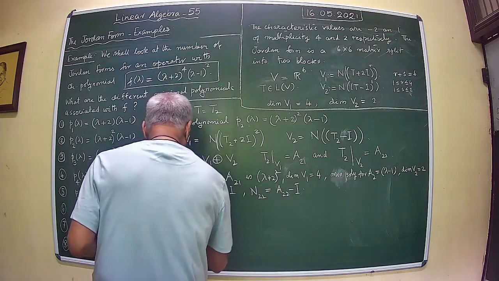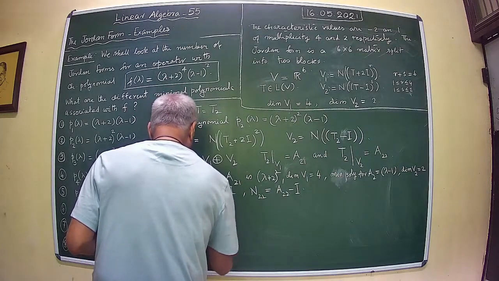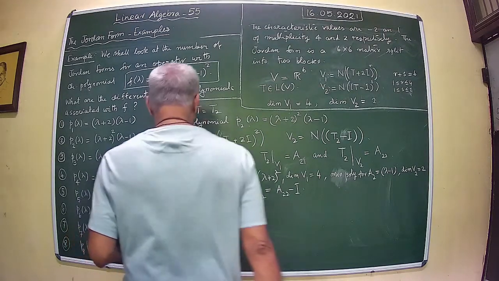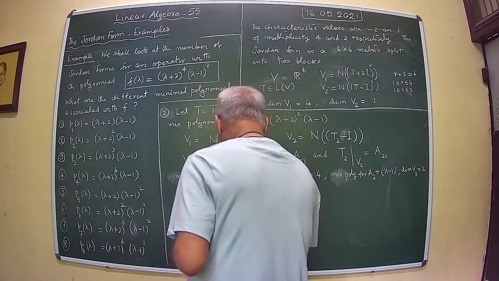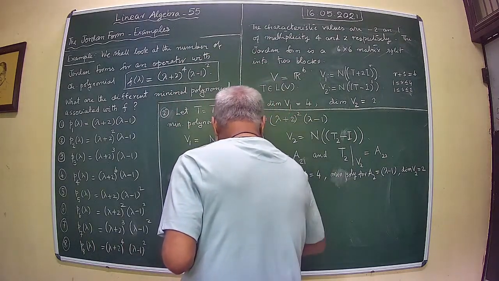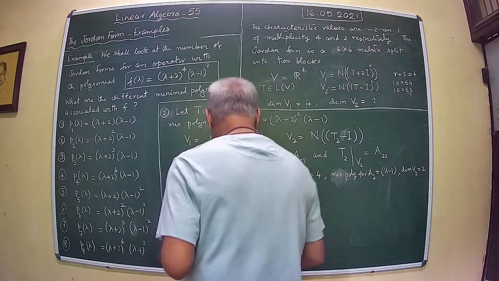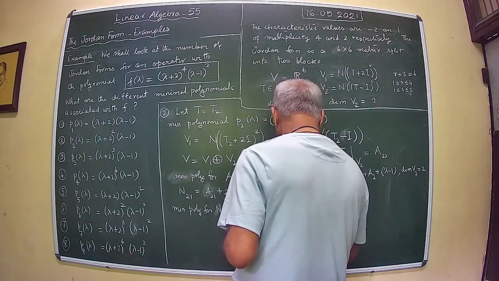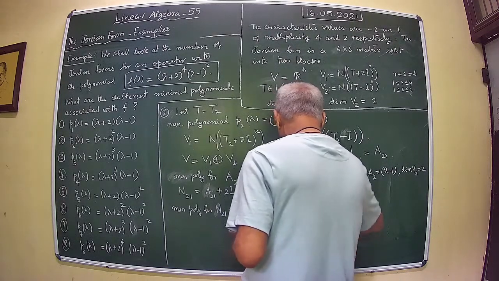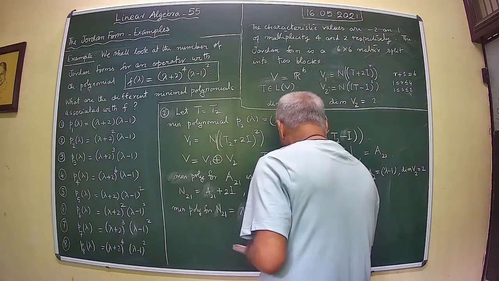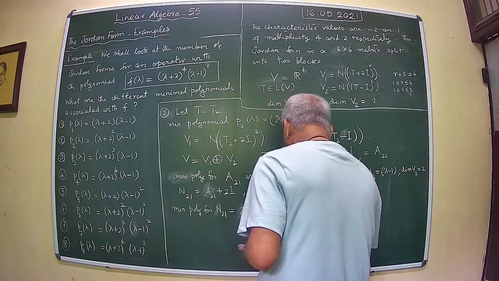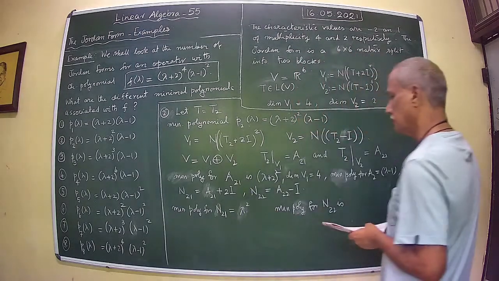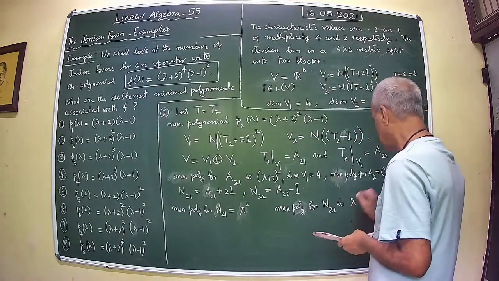Minimal polynomial for n21 is lambda square. Minimal polynomial for n22 is lambda.